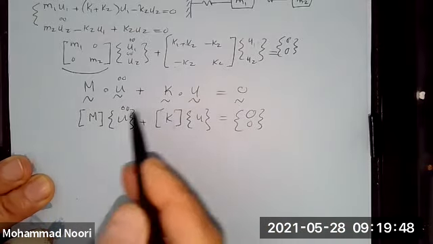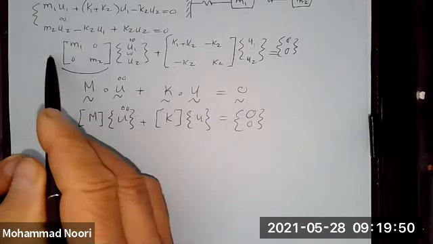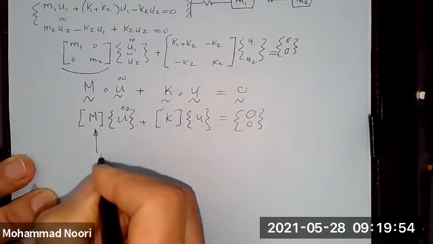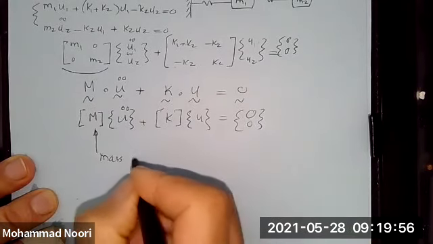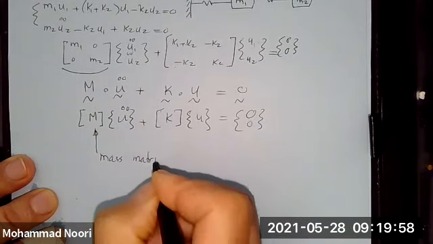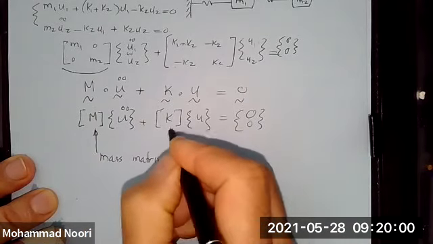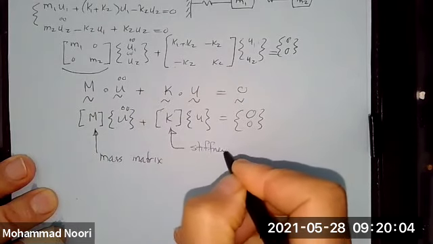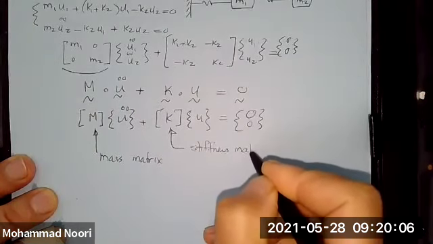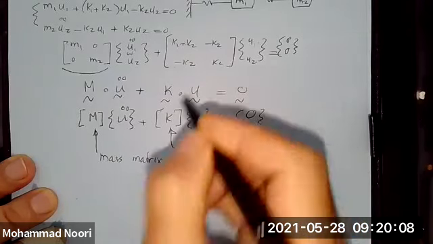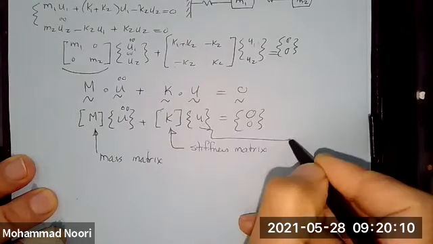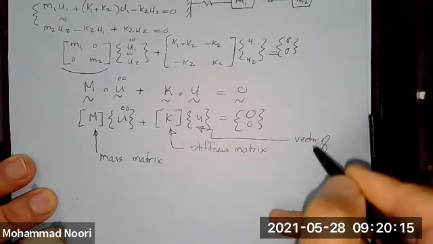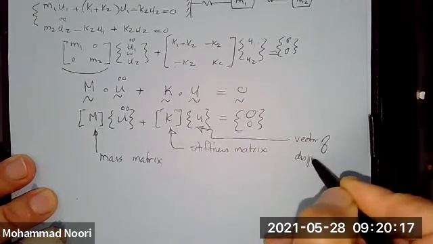This is the matrix notation for this, where this is called the mass matrix. This we call the stiffness matrix. And U is the vector of displacement, or the displacement vector.